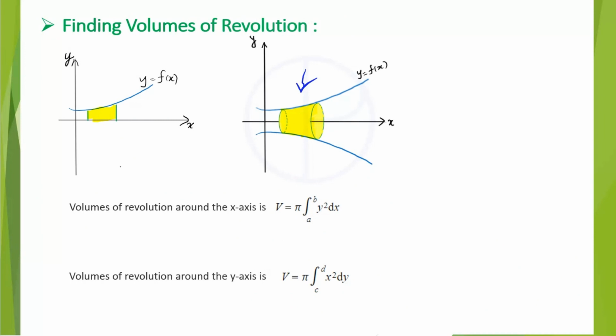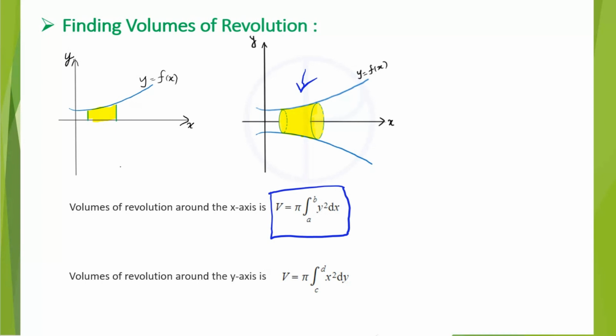A volume of revolution is the volume of this solid formed. If you rotate it around the x-axis, you need to use the formula V is equal to pi integral a to b y square dx.